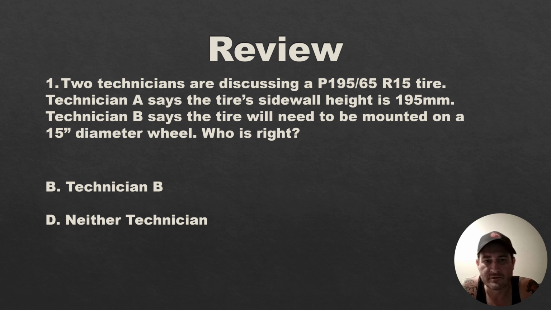So we see a 15 and a 15. That looks good to me. If we had a 16-inch wheel, good luck wrapping that tire around it, and vice versa. If we had a smaller rim, it's not going to hold air. So I like B. And if I like B, I cross off D. So now we've eliminated all the wrong answers and we're only left with one.